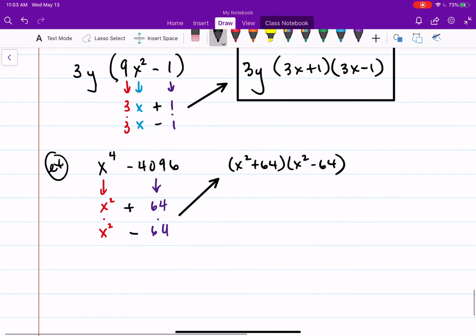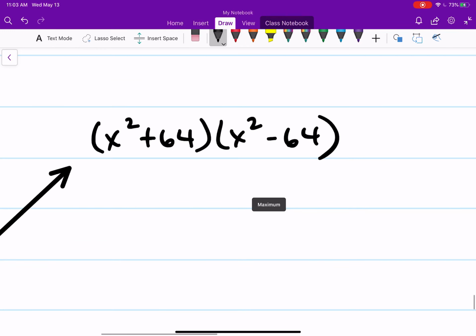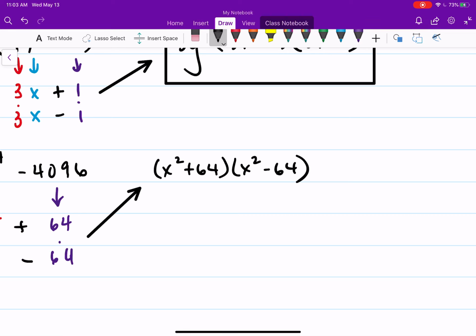But then I said, you're right, but you're not. And you're like, well, what do you mean that I'm right, but I'm not? You're right, but you're not. And the reason is because of this. You're right. This breaks down to this. However, what do you see here?